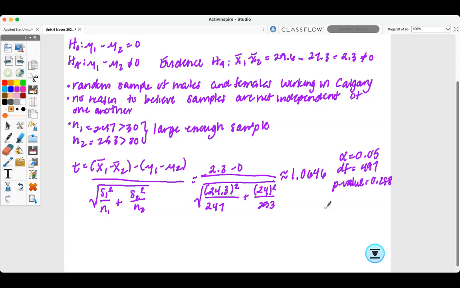And here, our p-value is greater than alpha, because our p-value of 0.288 is greater than 0.05. So we fail to reject the null hypothesis.